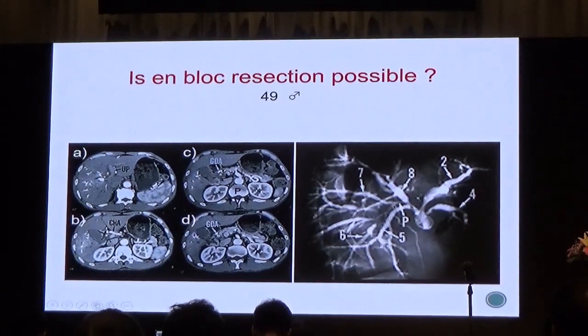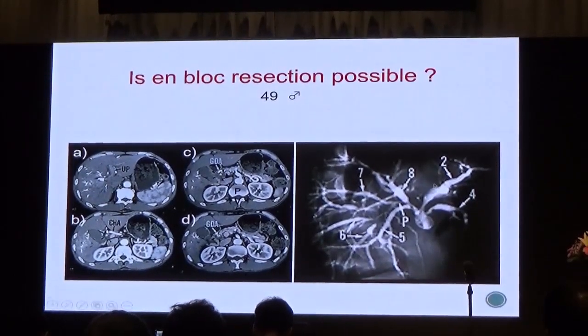And PTP cholangiography shows diffuse cancer invasion along the right segmental ducts, and here along the left lateral, left medial branch.